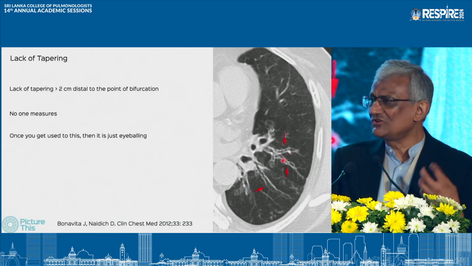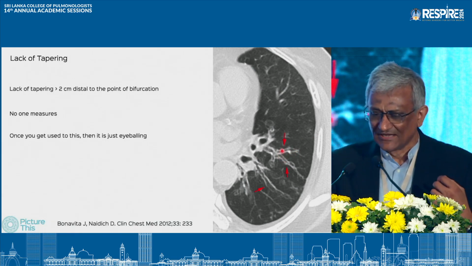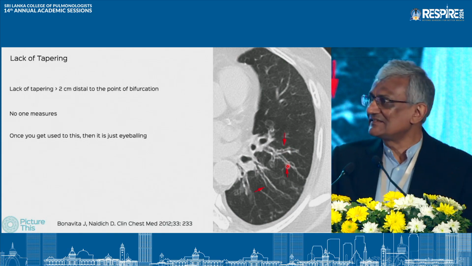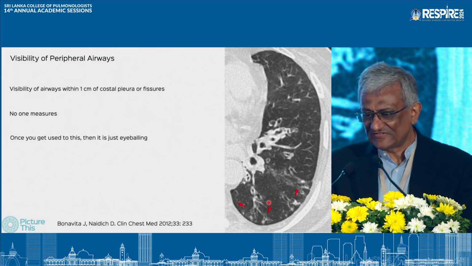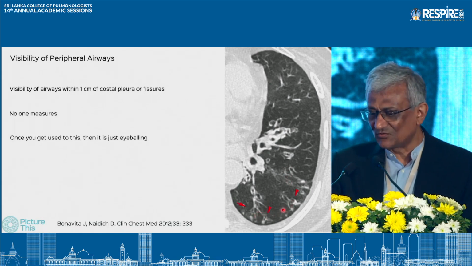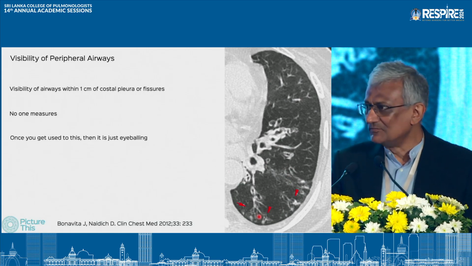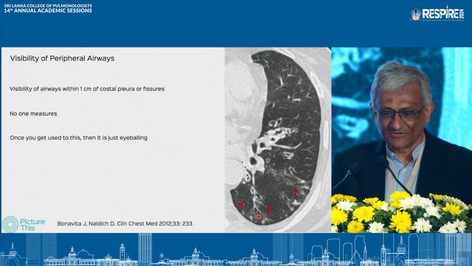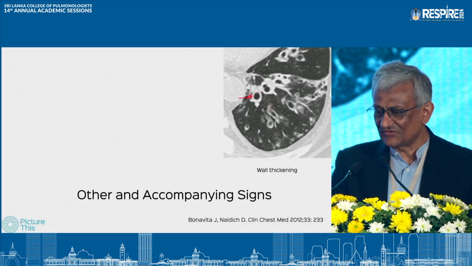When bronchioles branch out and you do not see tapering, then that's a sign of bronchiectasis or bronchiolectasis. And if you see bronchioles in the last 1 to 2 centimeters of the lung, then that's again abnormal, and you would say there's bronchiectasis/bronchiolectasis. There are other accompanying signs such as wall thickening.